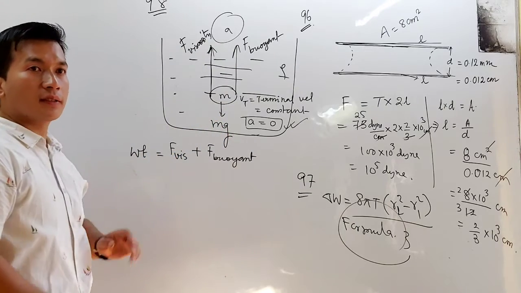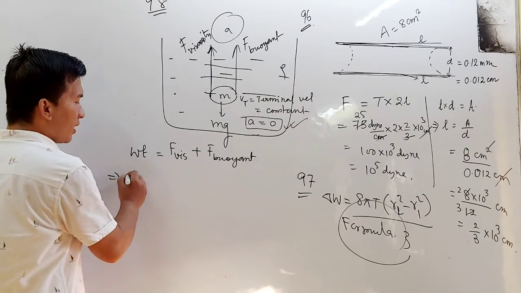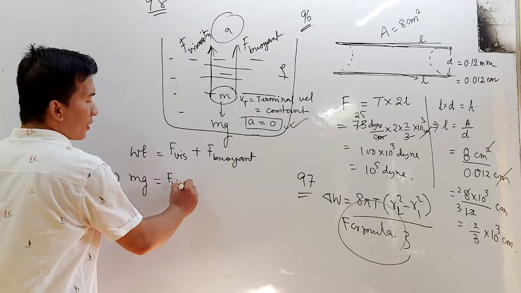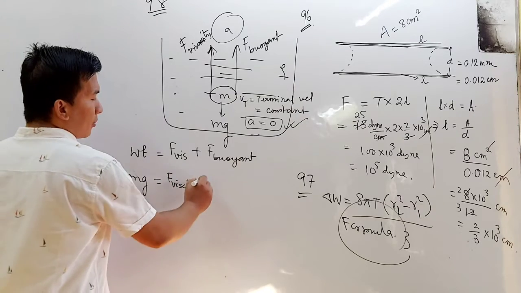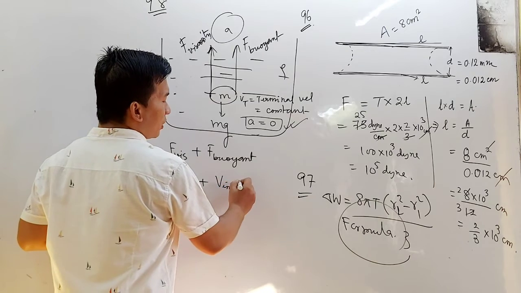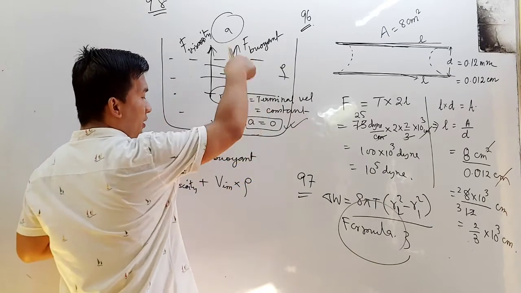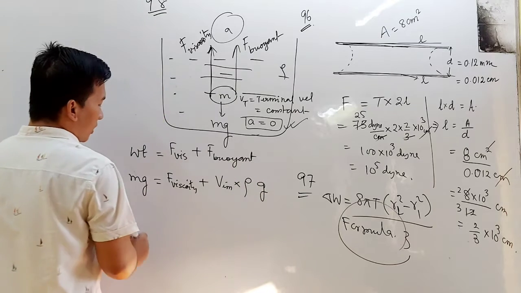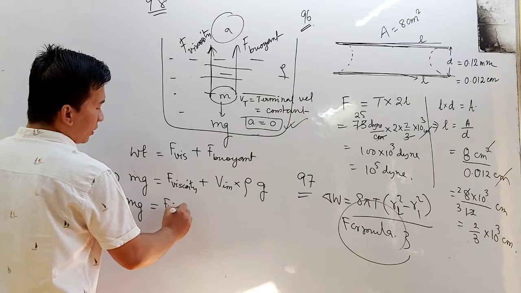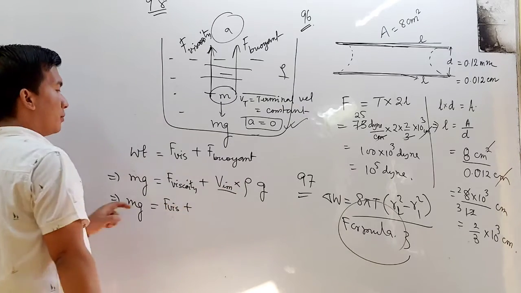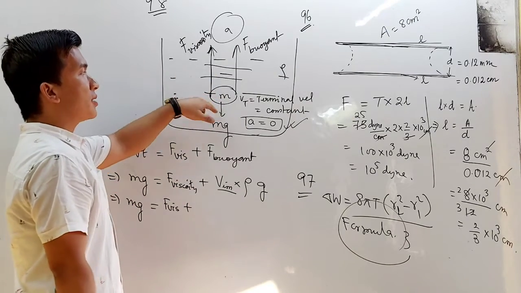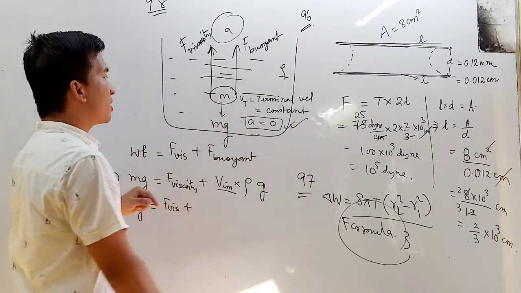We will have mg equal to F viscosity, which is to be found out, plus the buoyant force, which is the volume immersed times the density of the liquid in which it is immersed times g. So mg equals F viscosity plus what is the volume of the object? Volume of the object is mass divided by density.